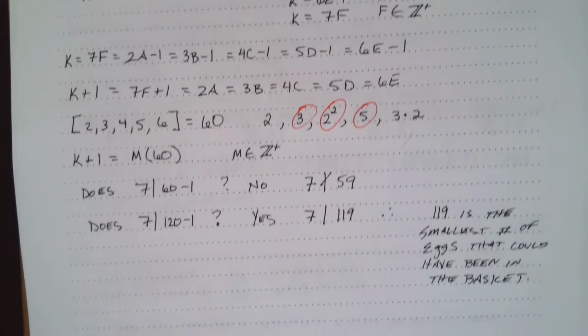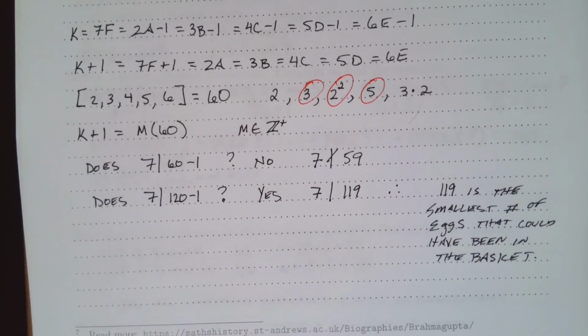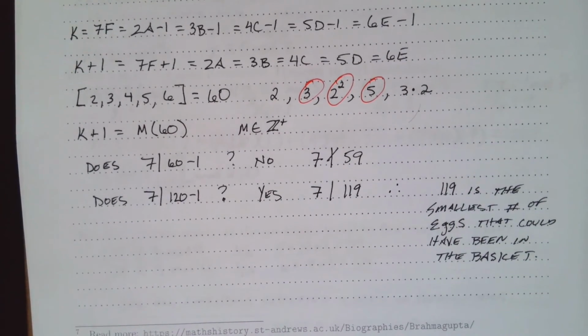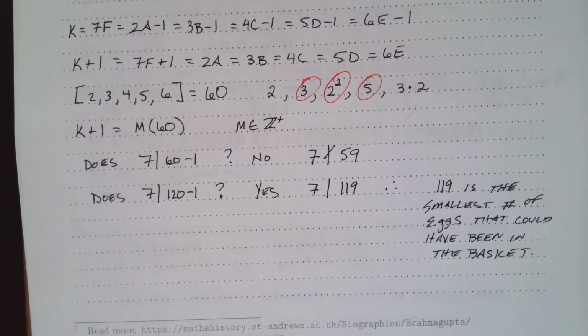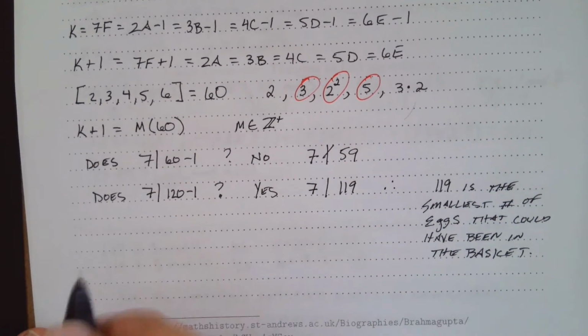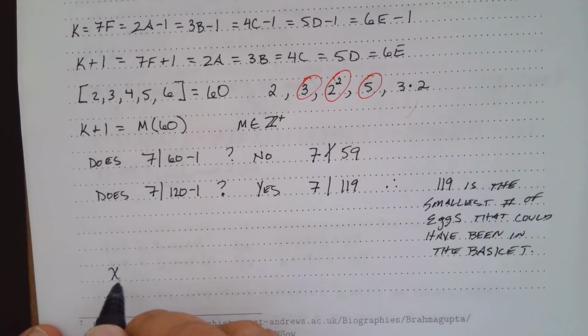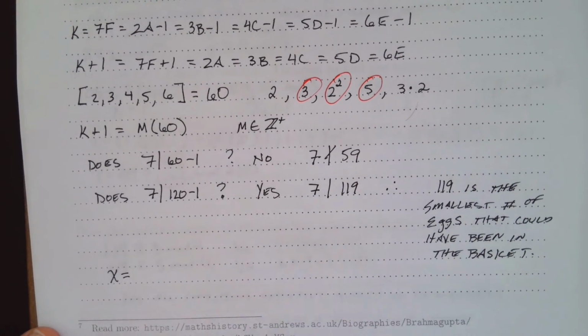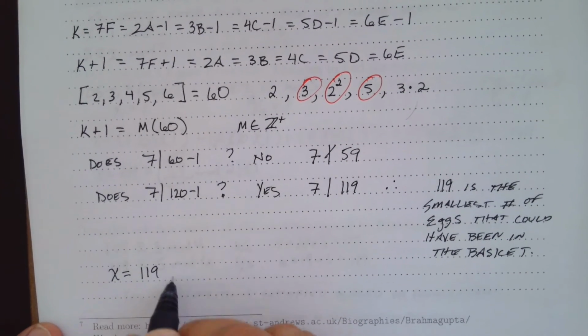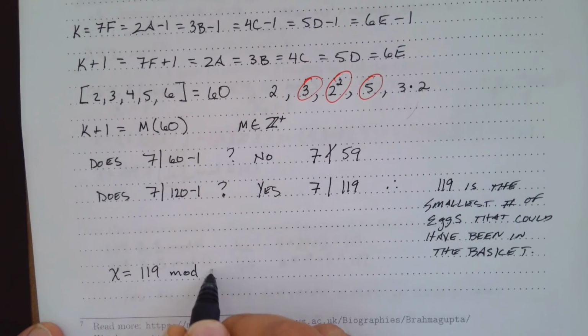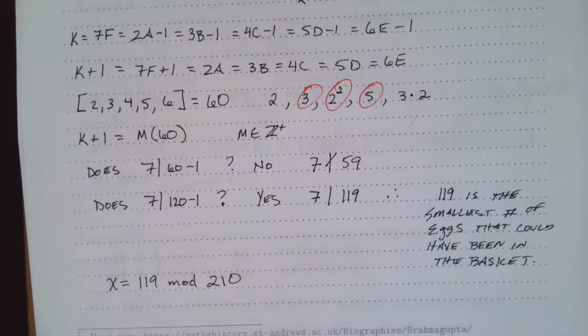Okay. Now, this was the same solution that we found when we did the Chinese remainder theorem. But with the Chinese remainder theorem, our solution was x is equal to 119 mod 210.